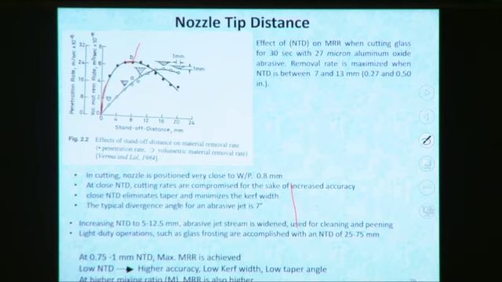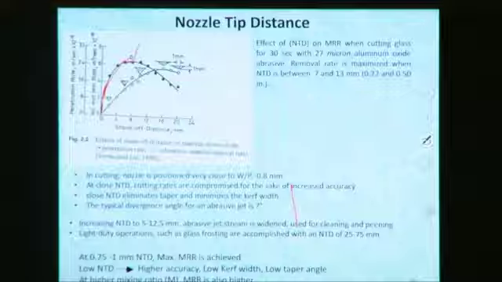Now we can see that if we increase the nozzle tip distance or stand-up distance, the penetration rate increases. Initially the kinetic energy will increase, so the penetration rate increases, and after that it reaches the optimum stand-up distance.